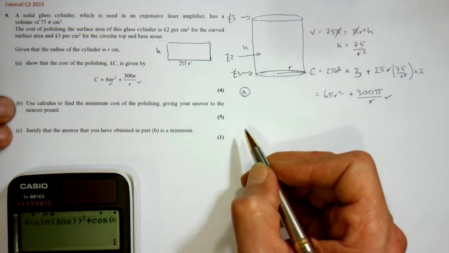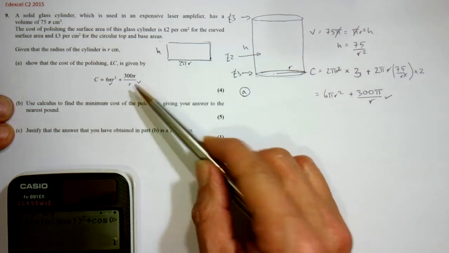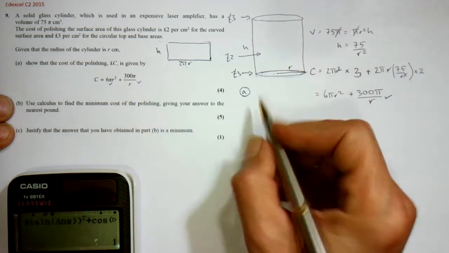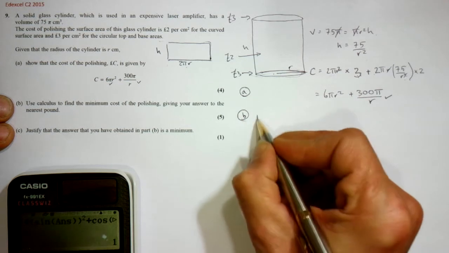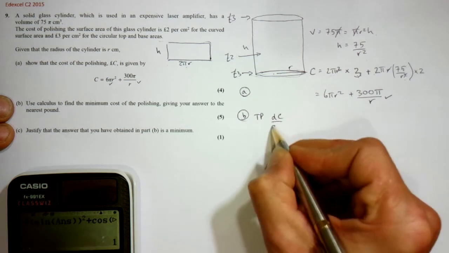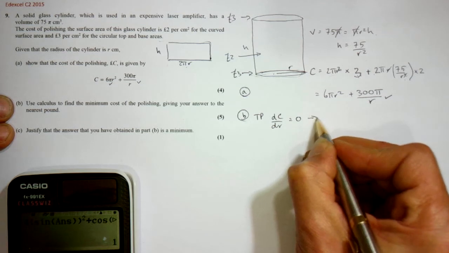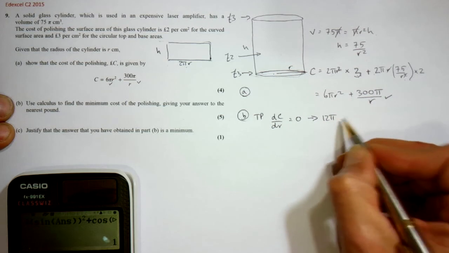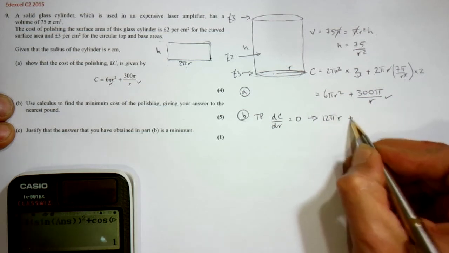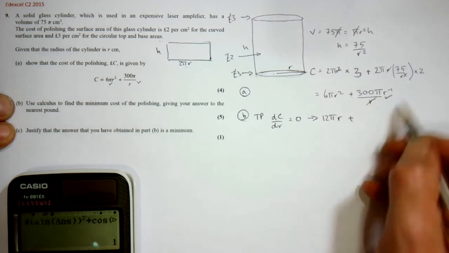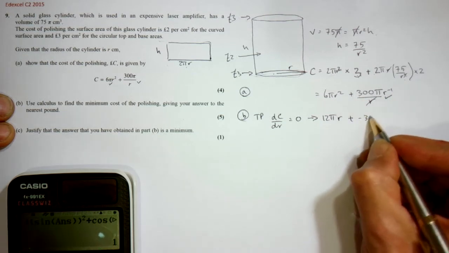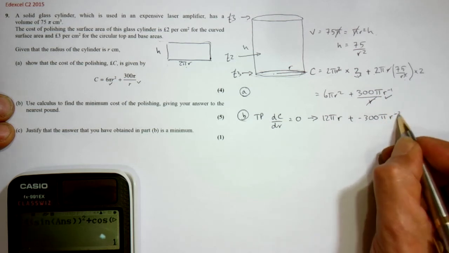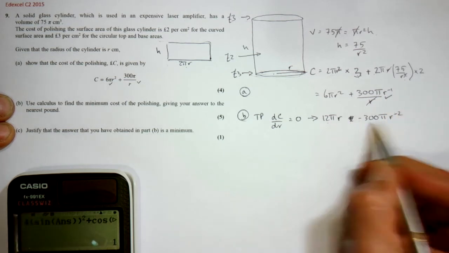Part B, we're going to find the minimum cost, which is a turning point of this equation, and to find a turning point, dC by dr equals 0. When we differentiate, times by the power, so 12 pi r, and for the other term the power becomes minus 300 pi, reduce the power by 1 becomes r to the minus 2, so it's this take away that.